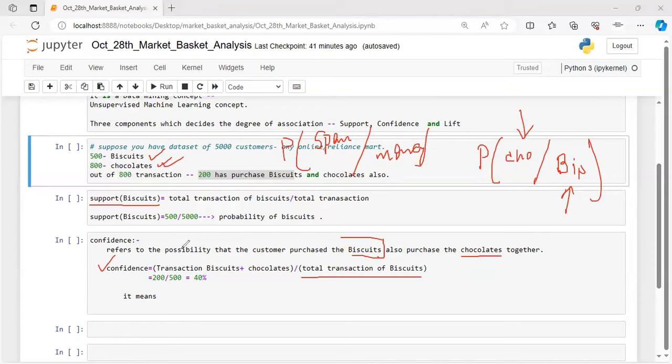Suppose in the university examination, you have computer science in one subject and mathematics in another. If I ask you, what is the possibility that you will be a distinction holder? You will say, yes, I am 90% confident that my result will be distinction.